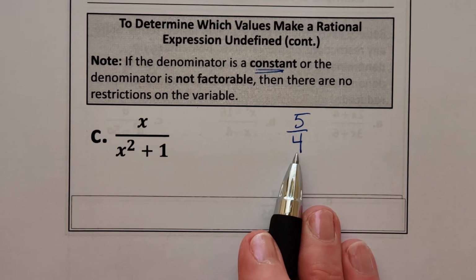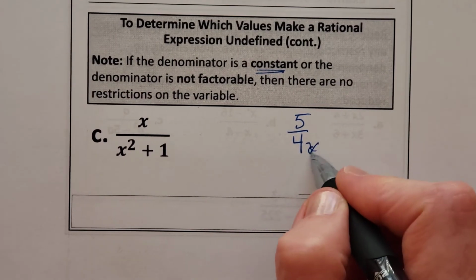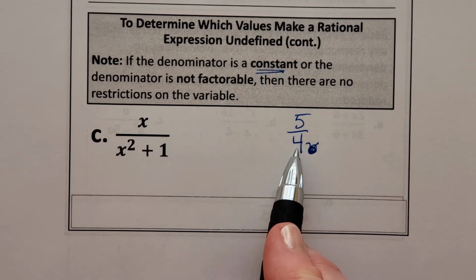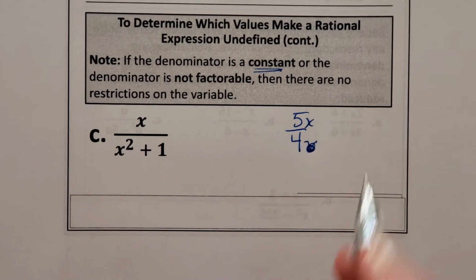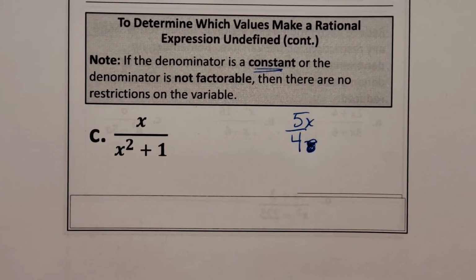So there's nothing I can make 0 because it's not being multiplied by a variable. And so if the denominator is a constant, there is no restriction for this number. Even if there's a variable in the numerator, there would be no restrictions on this.